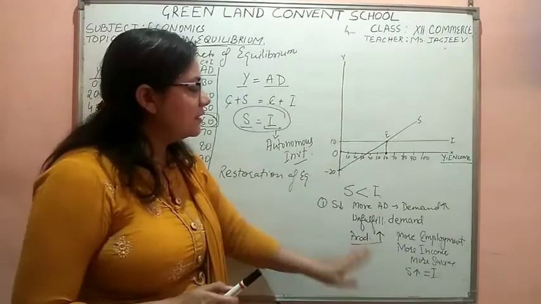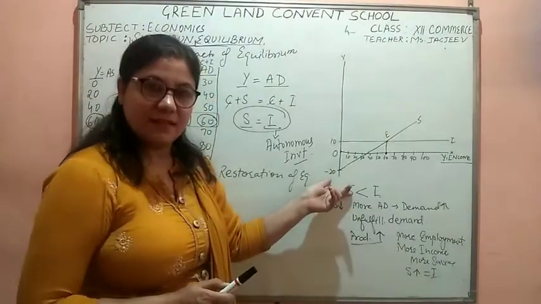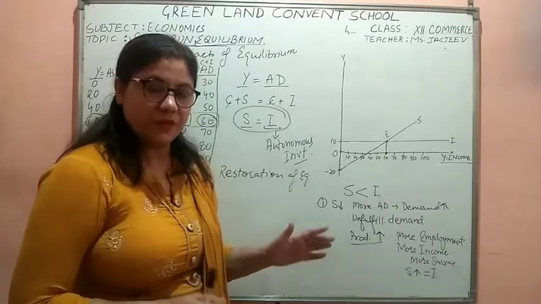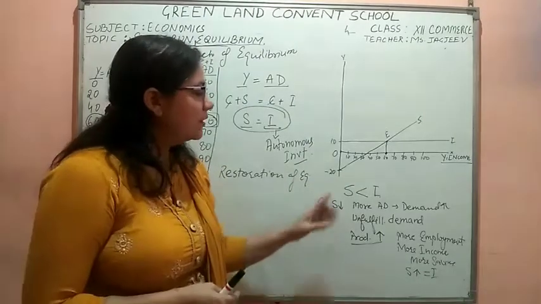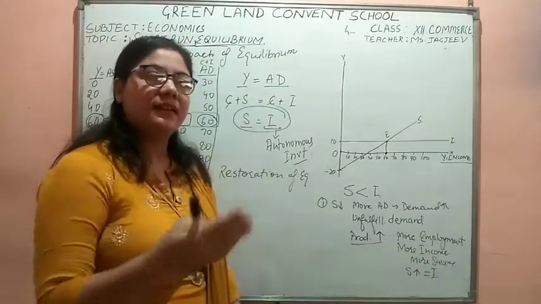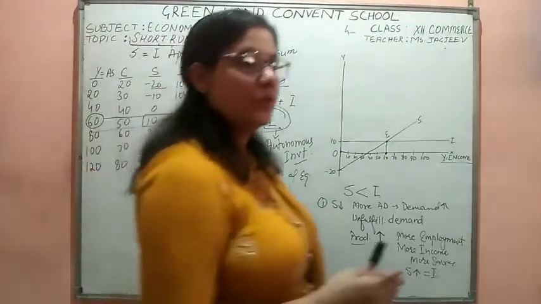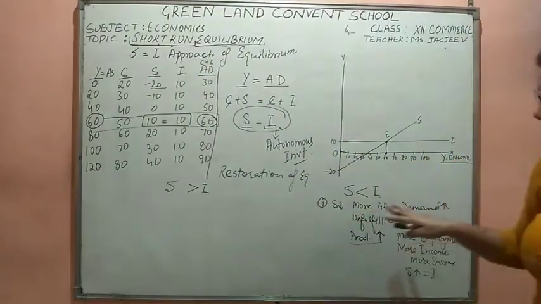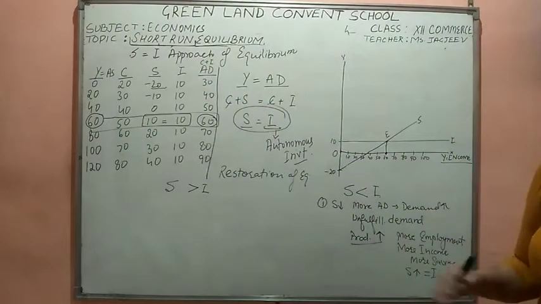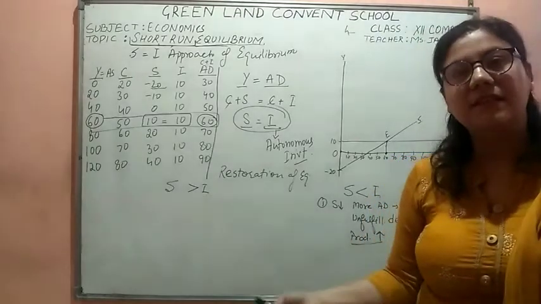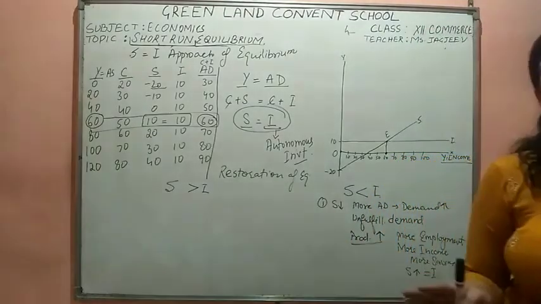Now let's again see what happens when savings are less. It means that we have to increase the savings. How would the savings be increased? Let's go step by step. When savings are less, it means that the expenditure or consumption is more. More consumption means aggregate demand is more. More aggregate demand means the consumers are coming and the producer is not able to fulfill the demand.